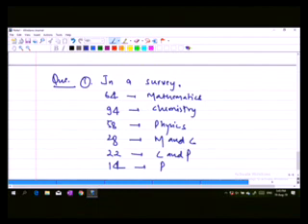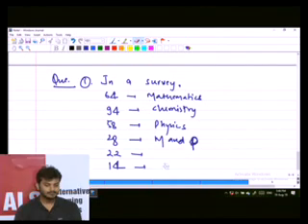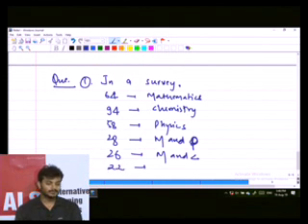Really sorry. 64 mathematics, 94 chemistry, 58 physics, 28 maths and physics. 26 students had taken maths and chemistry, and there are 22 students who have taken chemistry and physics, right?